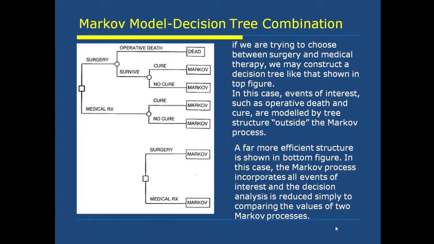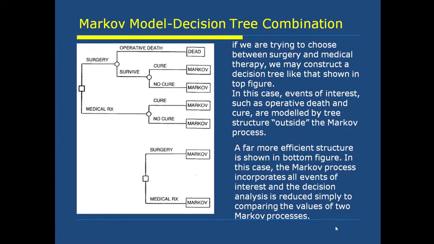In this slide, you see a Markov model and decision tree combination. If we are trying to choose between surgery and medical therapy, we may construct a decision tree like that shown in the top figure. In this case, events of interest such as operative death and cure are modeled by a tree structure outside the Markov process.